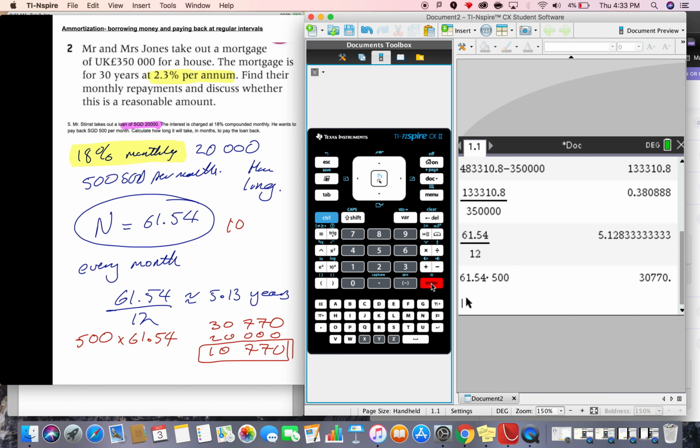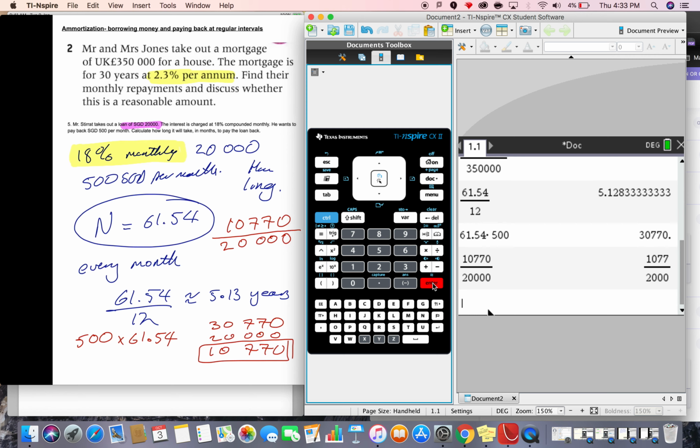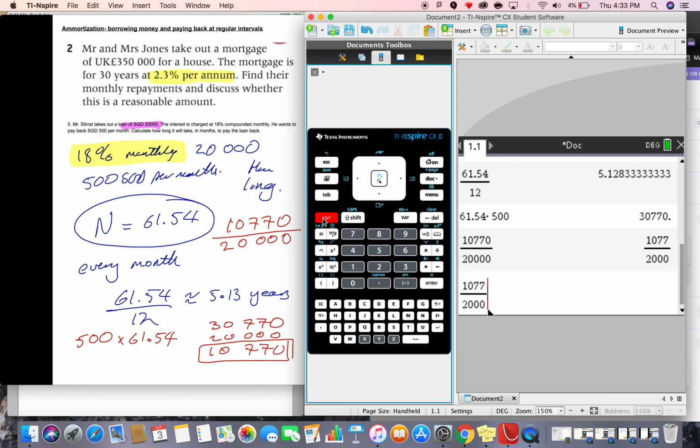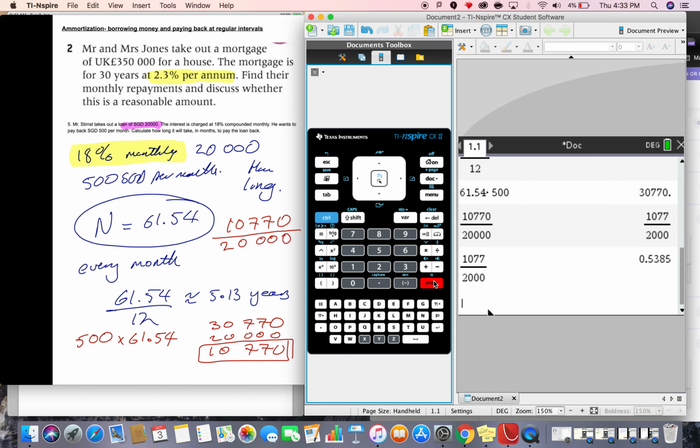Now, if we take that interest of 10,770 and see what it is as a percentage of the original amount we borrowed, let's do 10,770 divided by 20,000. Okay, it's giving me an exact answer. If I press up, press return, and then press control, approximately equal to 53.85%. Wow.